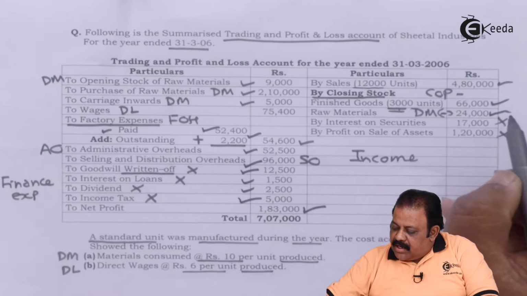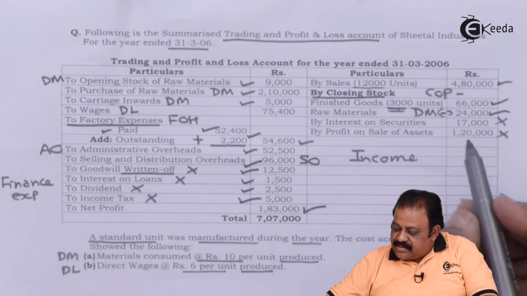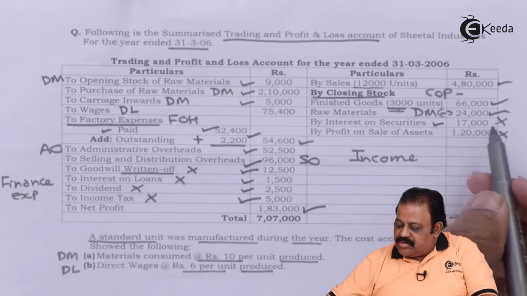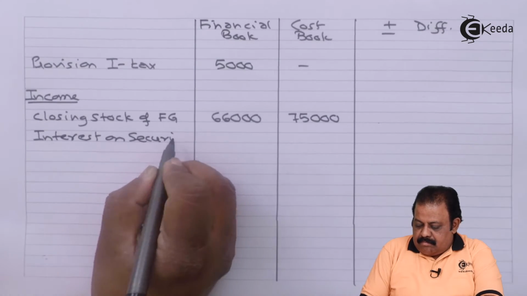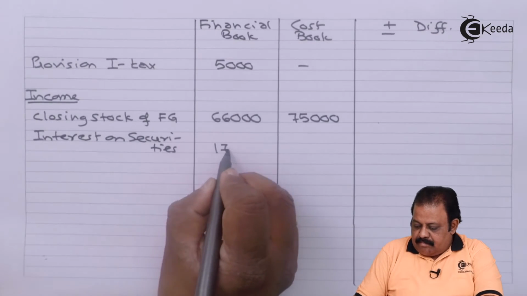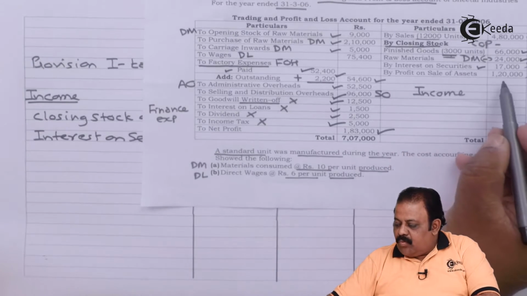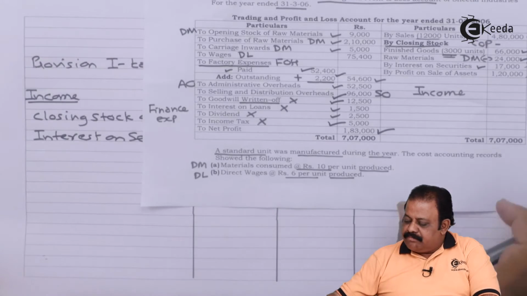Closing stock of raw material effect we have already considered. Interest on securities. This is the income recorded only in financial book, 17,000. Profit on sale of asset 1,20,000. This will be recorded only in financial book.